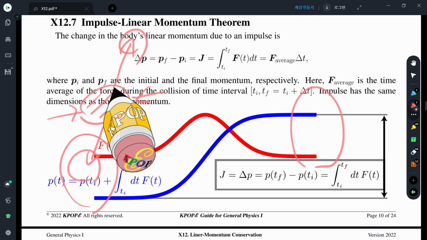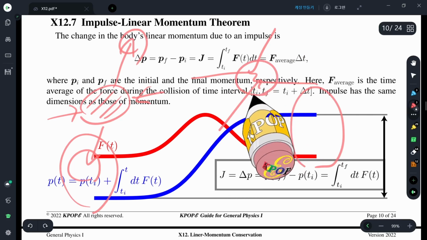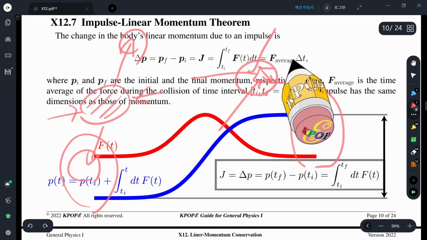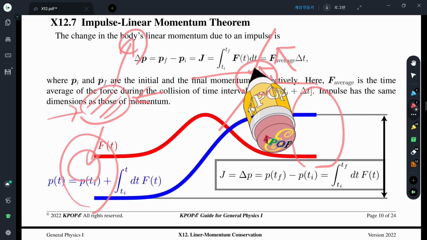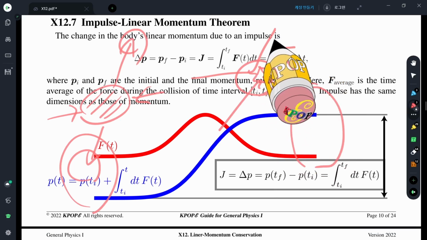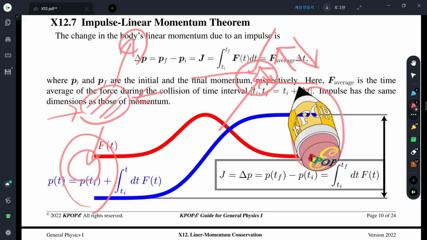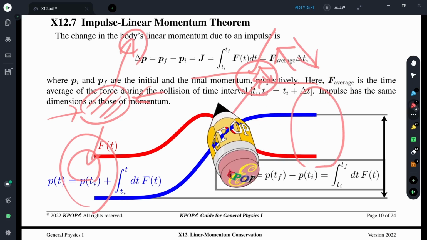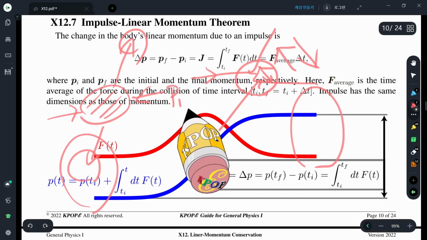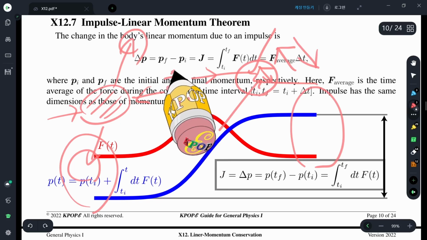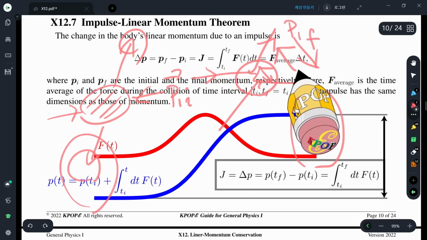Okay? Anyway, during this interaction, they communicate with each other. One particle applies the internal force to the other particle, and the other particle applies the force in the opposite sense, but the magnitude is the same. This is called momentum transfer, because the first particle's initial momentum P1I and the first particle's final momentum are different.